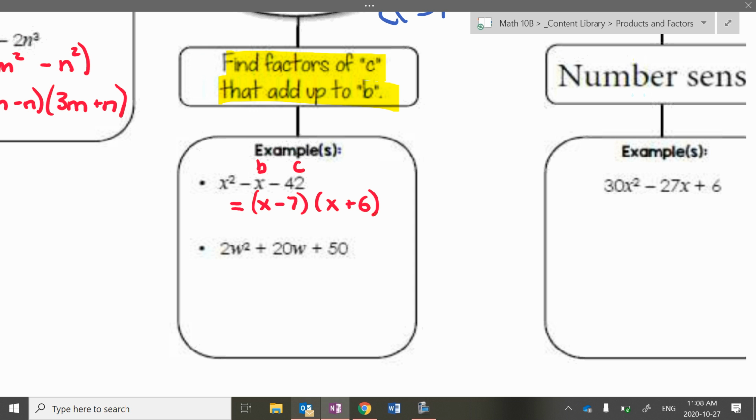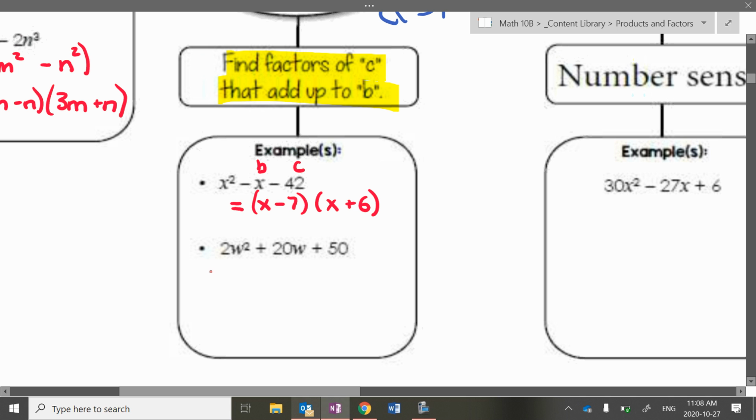Next example, there's a GCF. What is our GCF? 2. So we factor out our 2. I'm left with w squared plus 10w plus 25. I need 2 numbers that multiply to 25 and add to 10. Good.